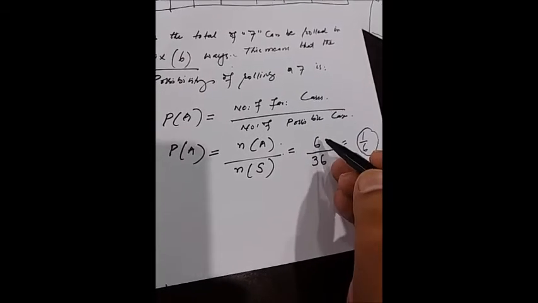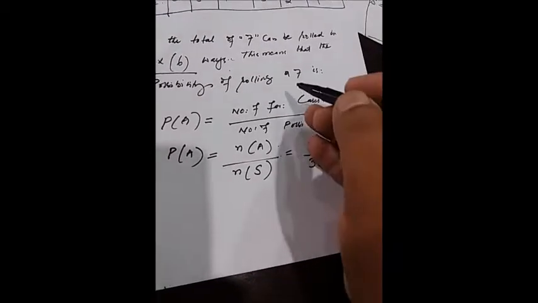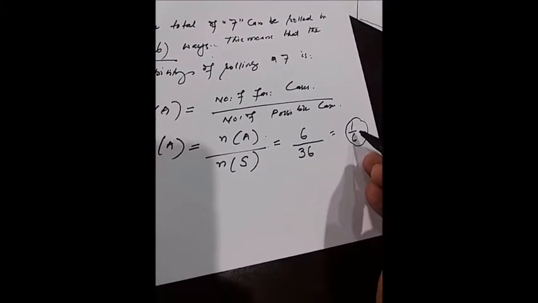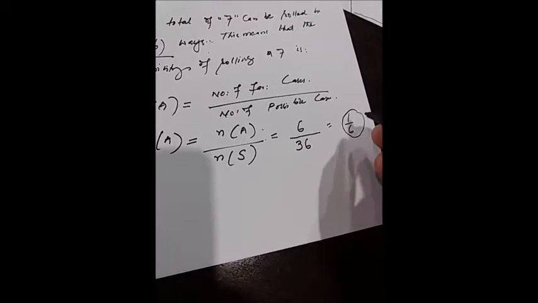There are 6 ways by which 7 can be rolled from 36 points. So we have one way of rolling a 7 from the 6 ways. You can see this here.